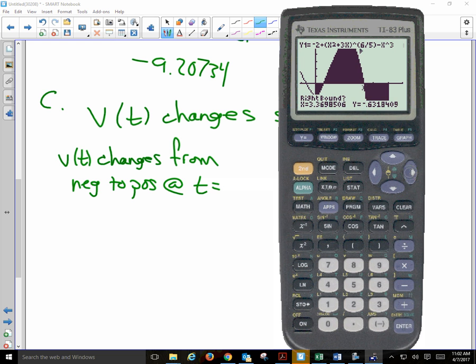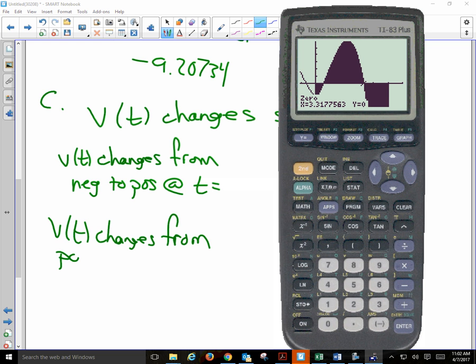We'll do this one first since I'm right over here. So v of t changes from positive to negative at t equals 3.3177.